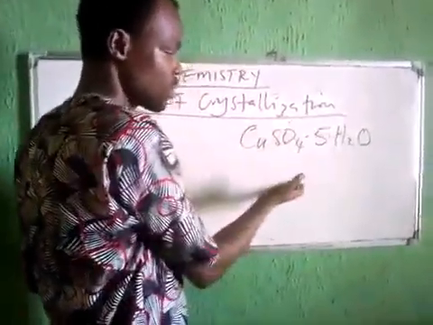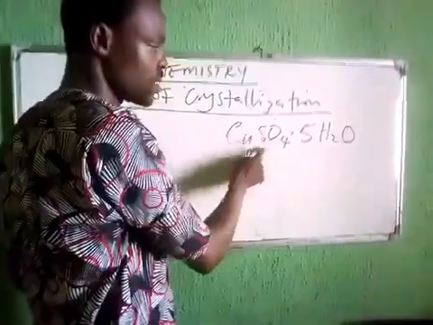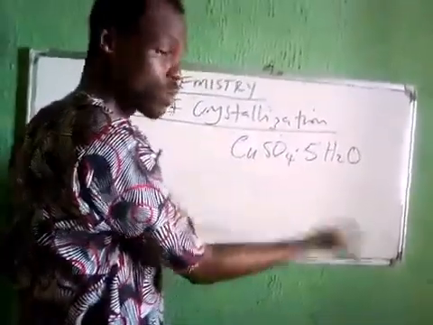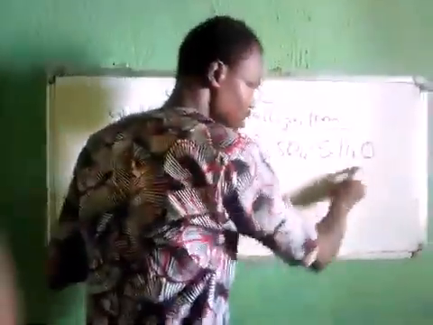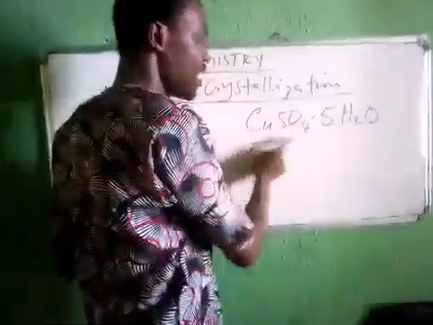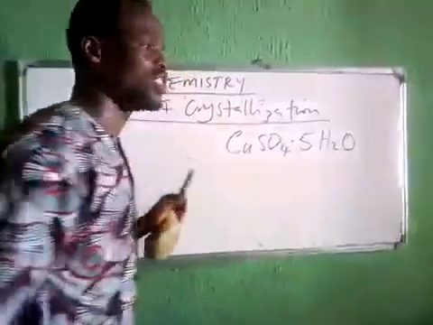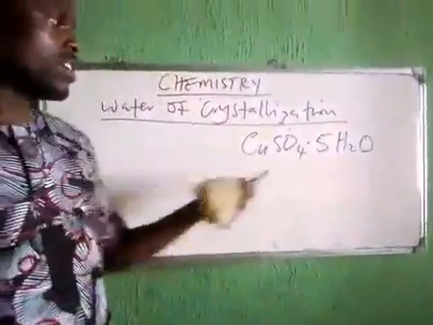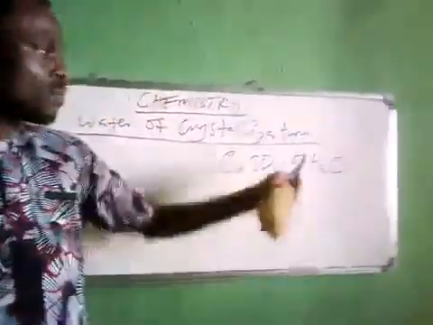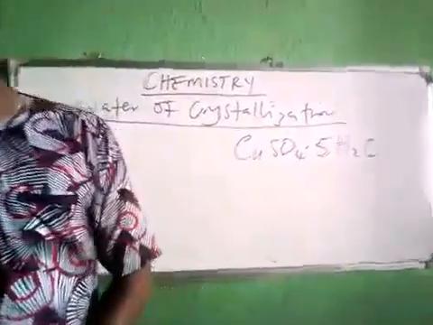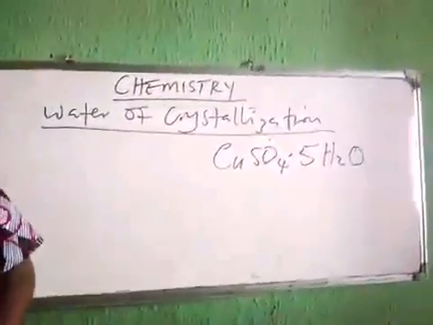Notice copper(II) sulfate is a salt, but because it's hydrated, you call it copper(II) sulfate pentahydrate. Pentahydrate means that it contains 5 moles of water.